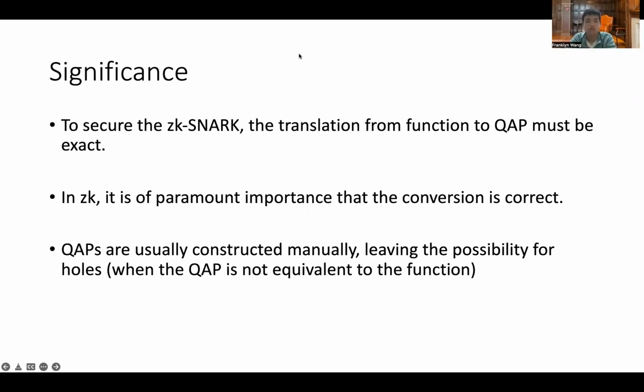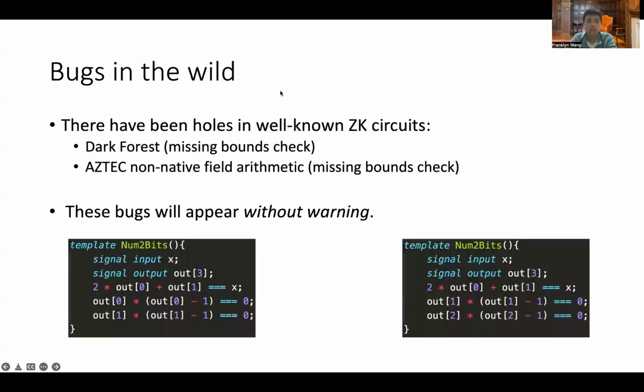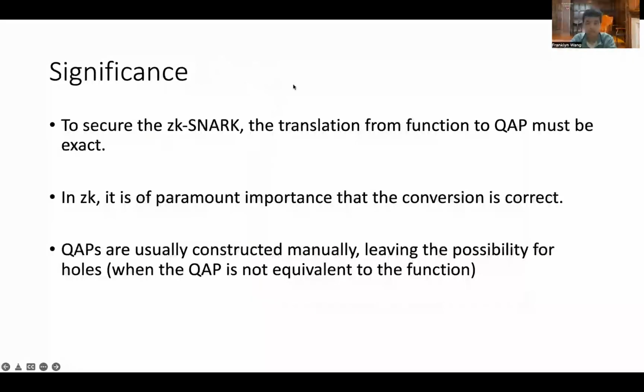Cool. So in order to make sure this zk-SNARK is secure, this translation between function and QAP must be exactly right. If there's even a slight issue, this zk-SNARK might just not work. And in ZK, it's of paramount importance that this conversion is correct, because if there's a hole, it might be exploited in the wild.